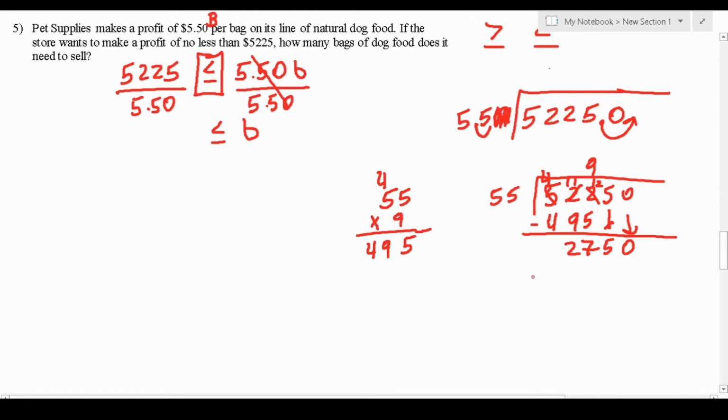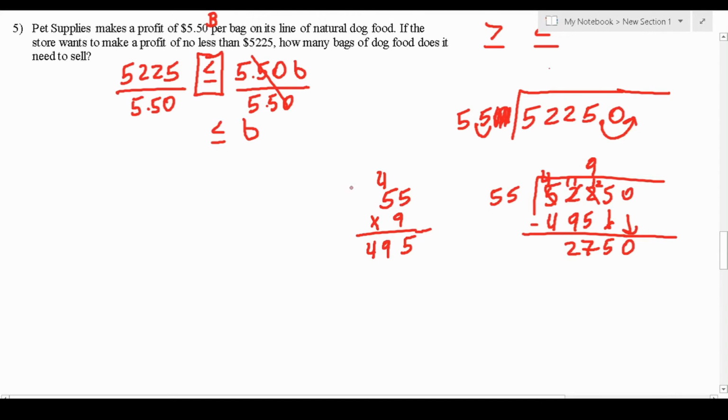Now the question is, how many times does 55 go into 275? And if it goes into 275 evenly, we know 55 will go into 2,750 evenly by tacking on an additional 0. Let's think about this. 50 times 2 will give you 100. 50 times 4 will give you 200. 50 times 5 would give you 250.